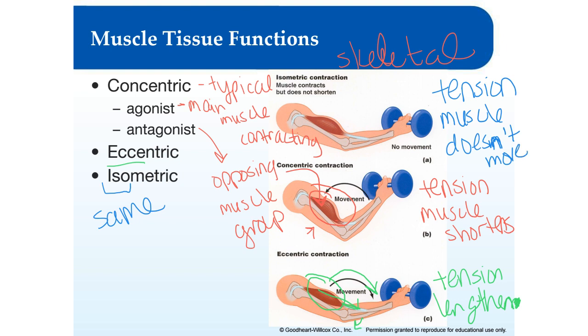You could be pushing with all your force, exerting all the tension in the world, and those muscles aren't going to move because the brick isn't moving. So if I took a weight and just held it out, as in this picture, I have to exert tension on the muscle so that I don't drop the weight, but the muscle isn't changing in length. There's no actual movement happening here.